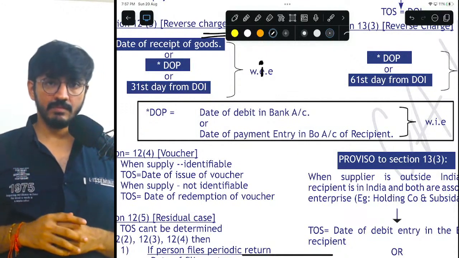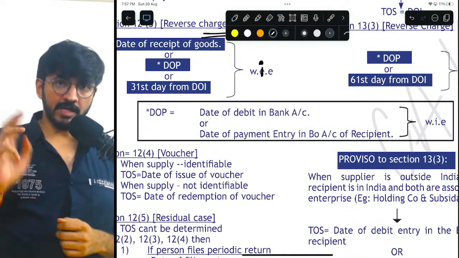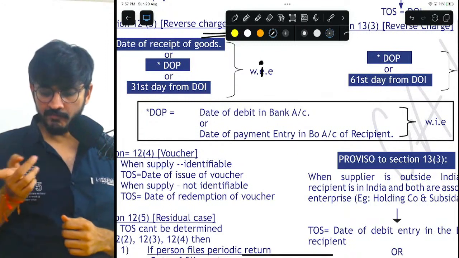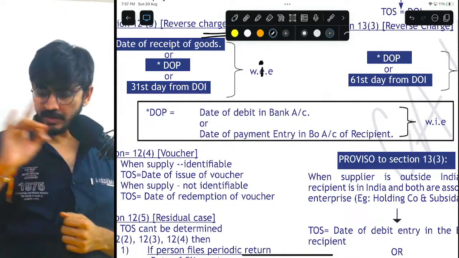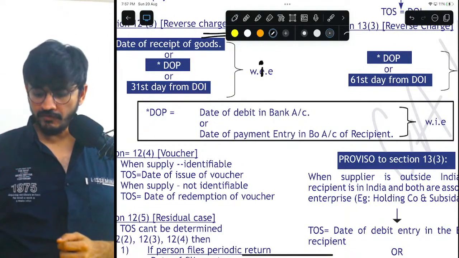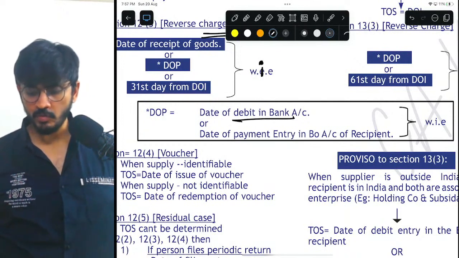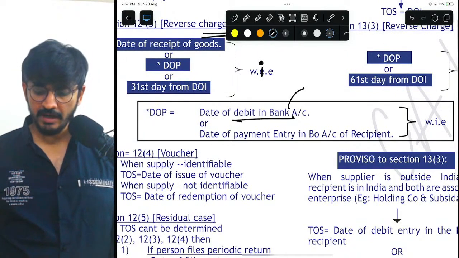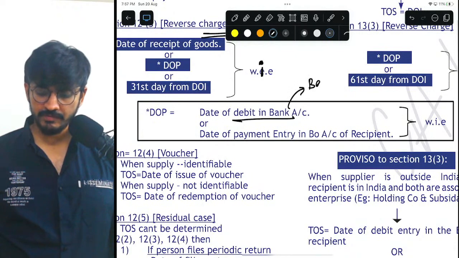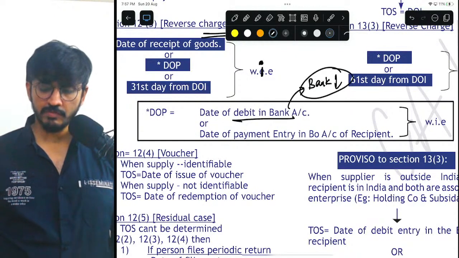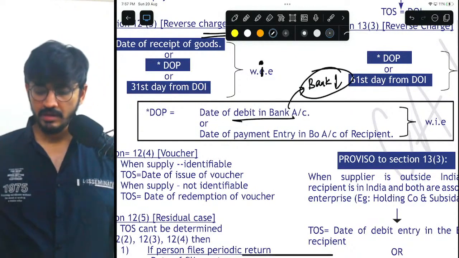So in this case, date of payment will be date of debit in the bank account or date of payment entry in the books of account of recipient, whichever is earlier. So the first is date of debit in the bank account. What do you mean by that? Very simple. That on this day your bank account is reduced. Money goes from your bank account.